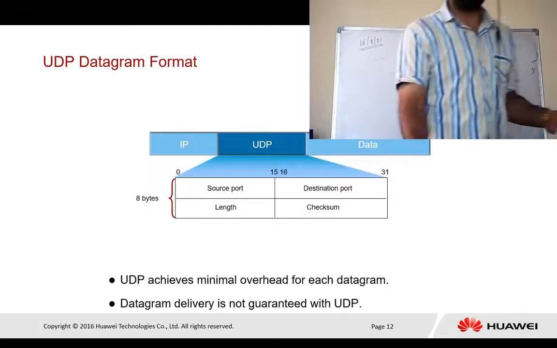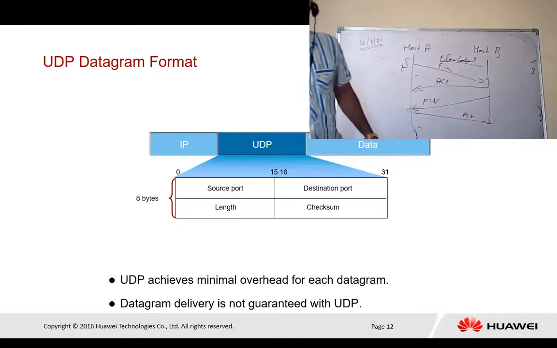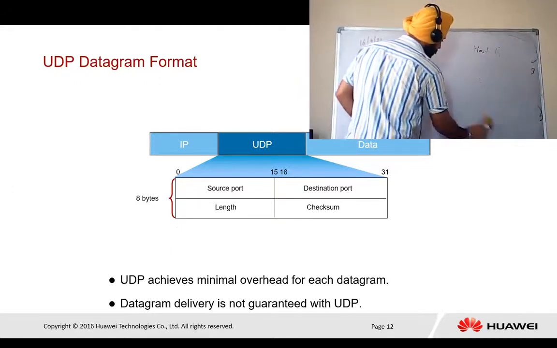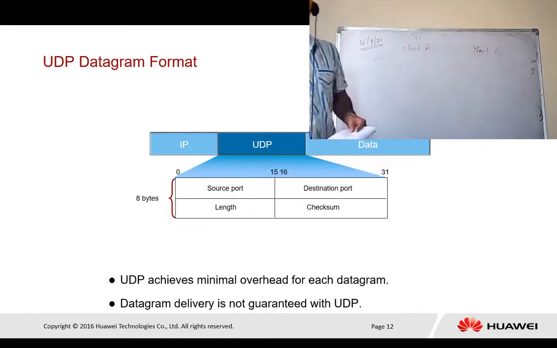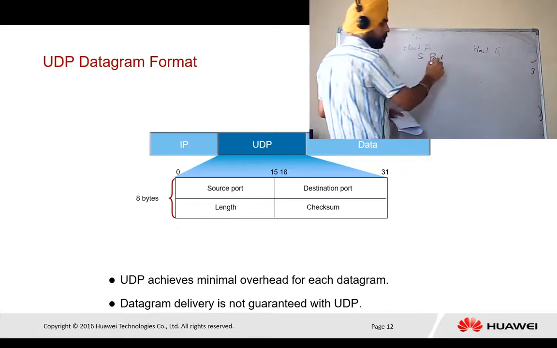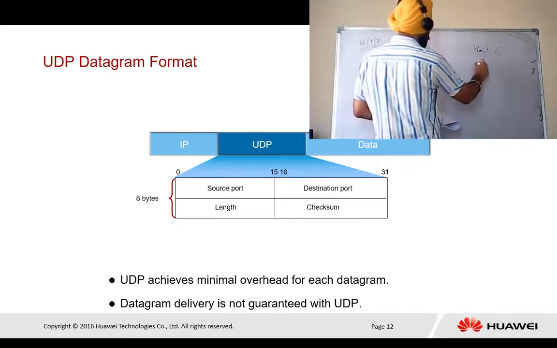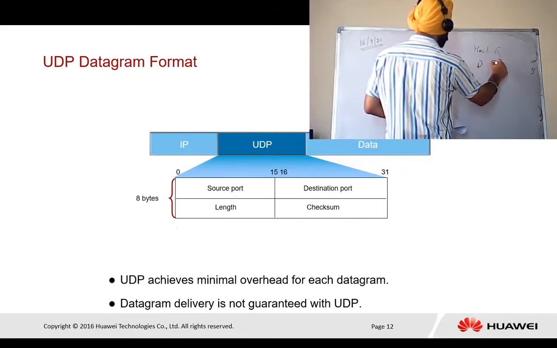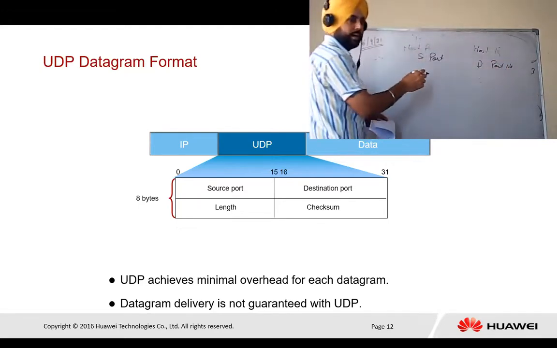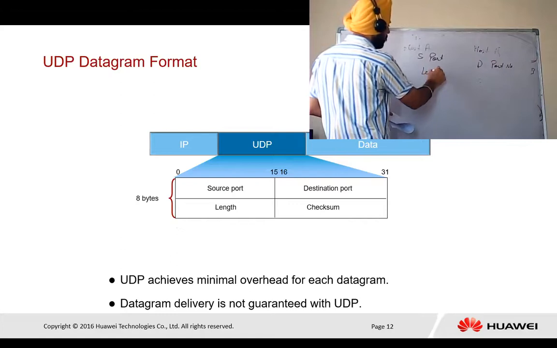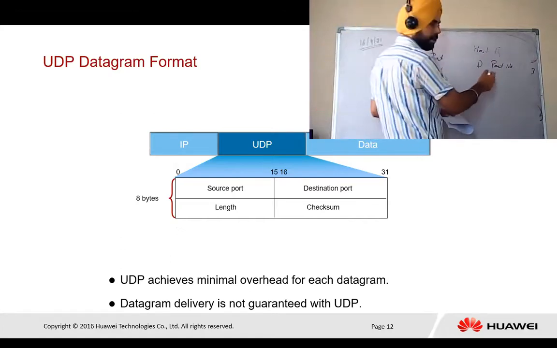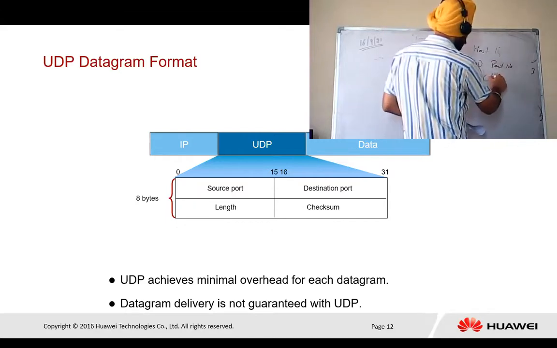In the case of the UDP datagram format, we have only 4 fields: source port number, destination port number, length of the packet, and checksum.